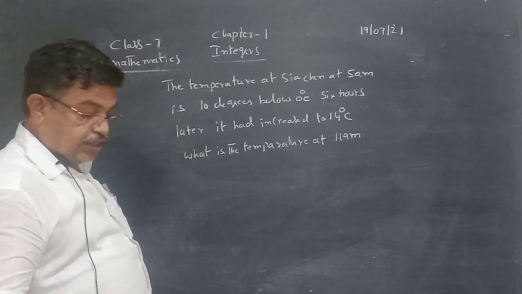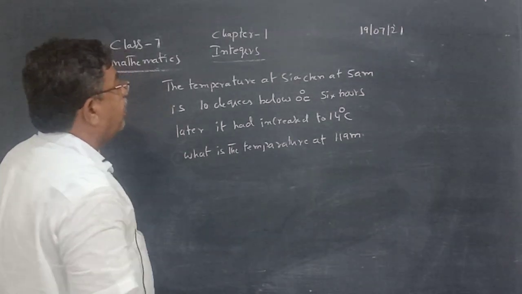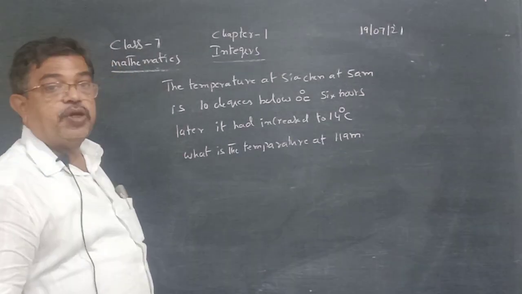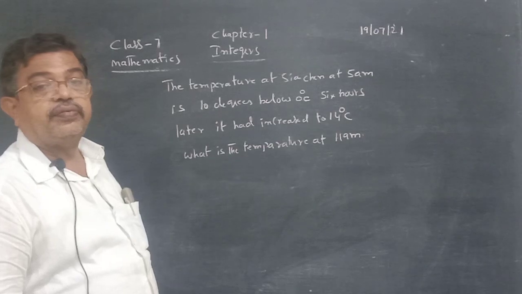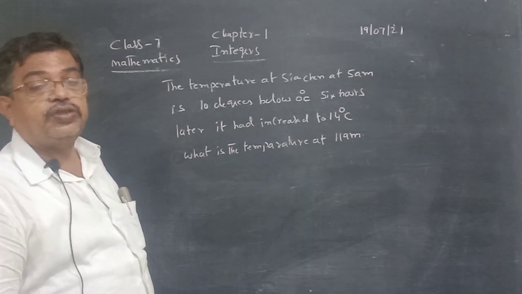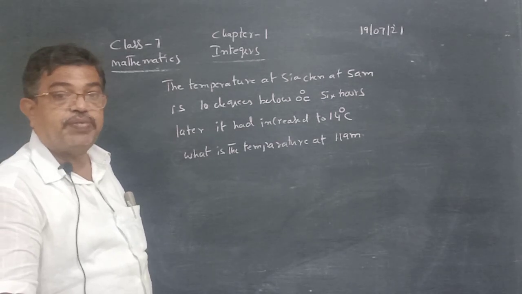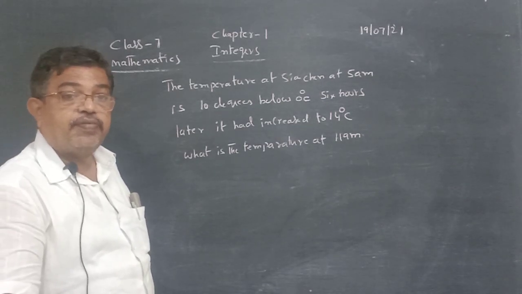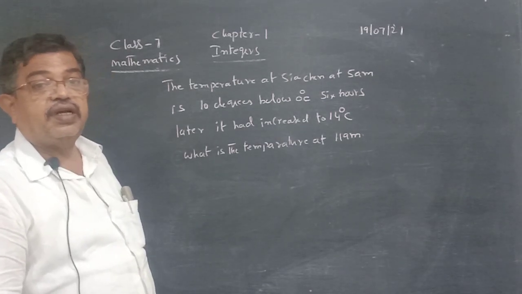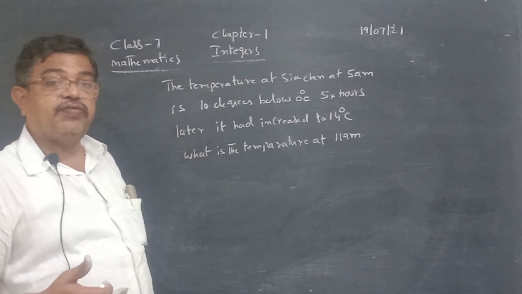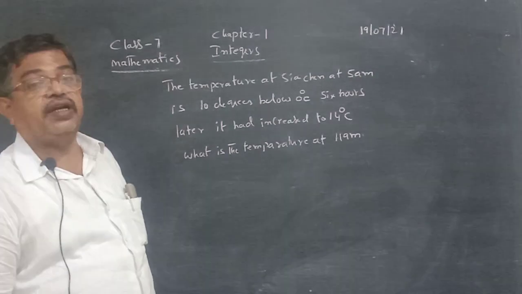The temperature at Siachen is given to be 10 degrees below 0 degrees centigrade. Below 0 means, as I already told you, it is minus. From there, after 6 hours, the temperature is increased from minus 10 to plus 14.